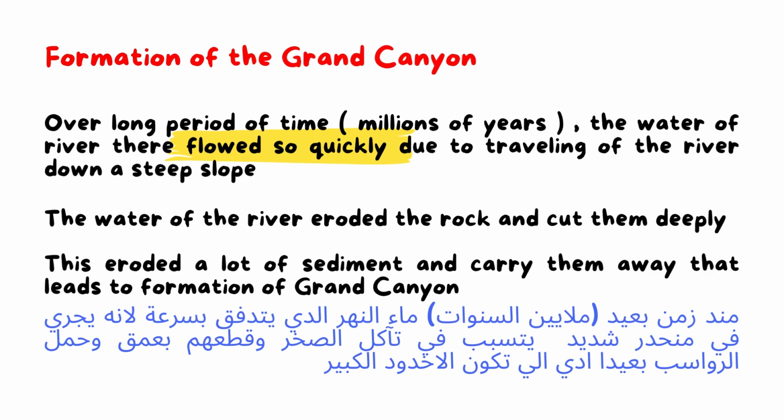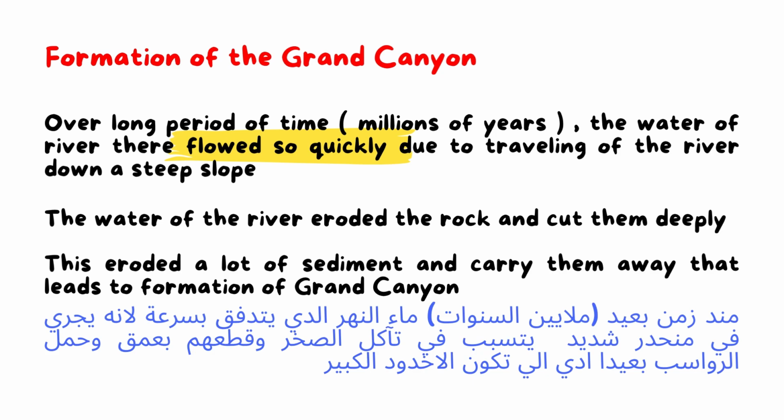So the water of the river eroded the rocks and cut them deeply, because the water of the river flows very fast, so this causes more erosion, as we studied now. Also, weathering breaks down the rocks and moves these rocks.